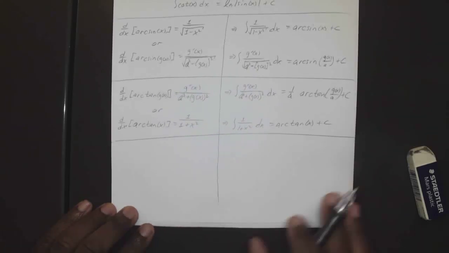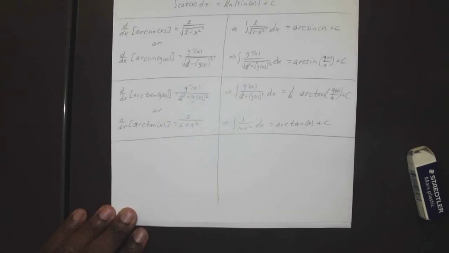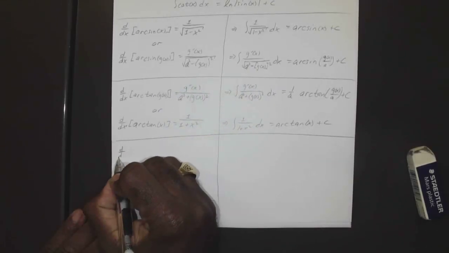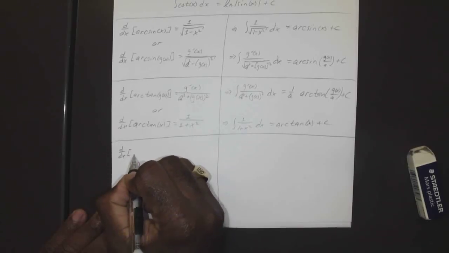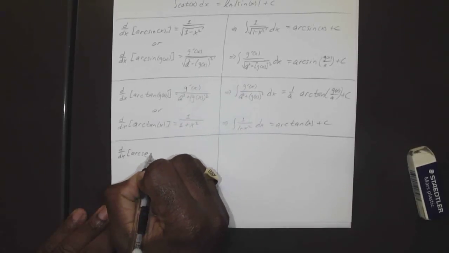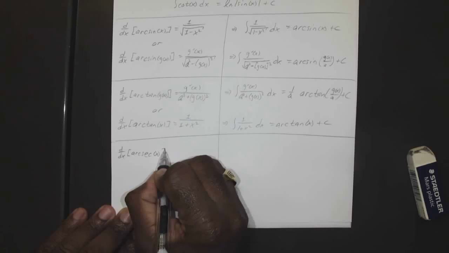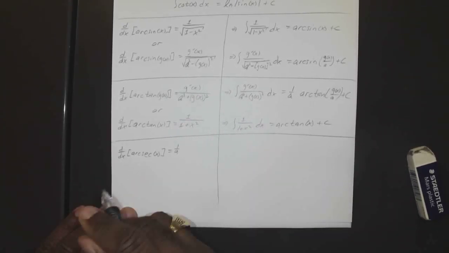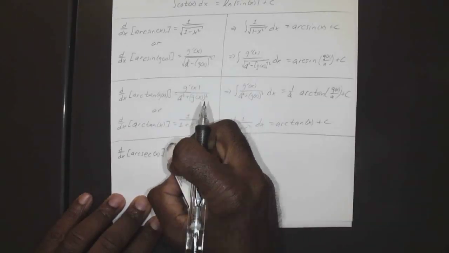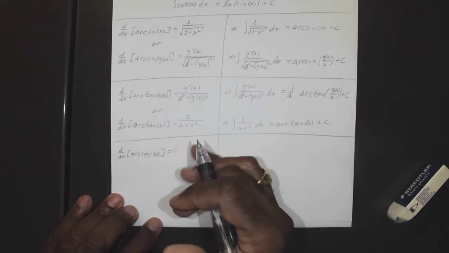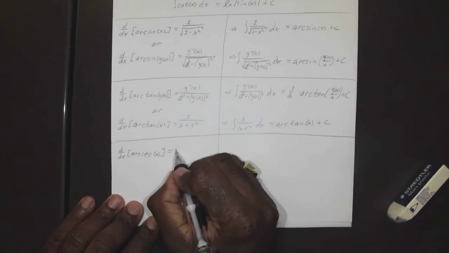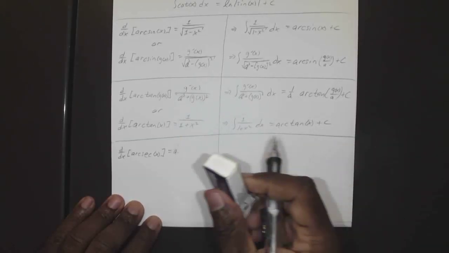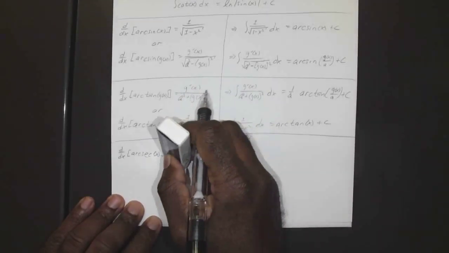All right, and last one, that is secant. I'm going to take the derivative of arc secant of just x. Remember that's 1 over a, which is 1 over 1, that's the next one. I was about to write arc secant over again for some odd reason.